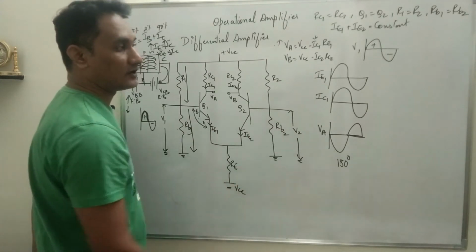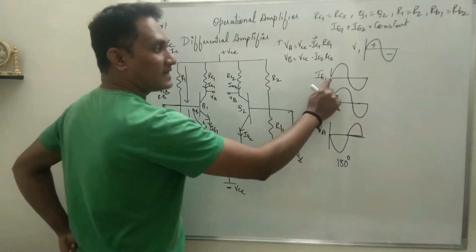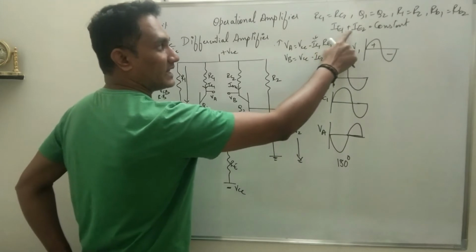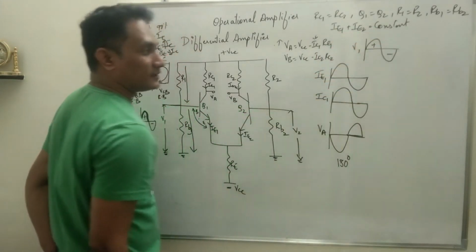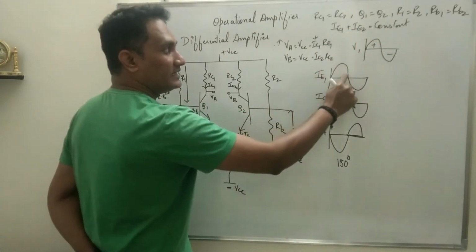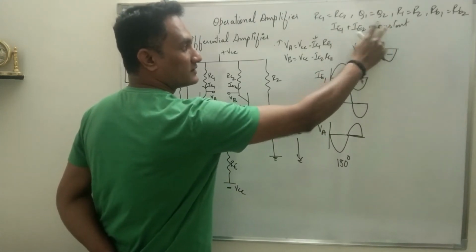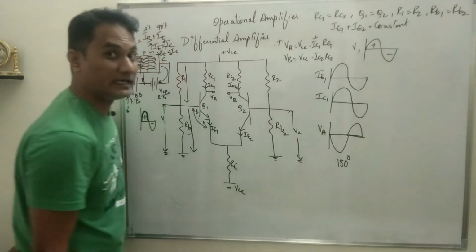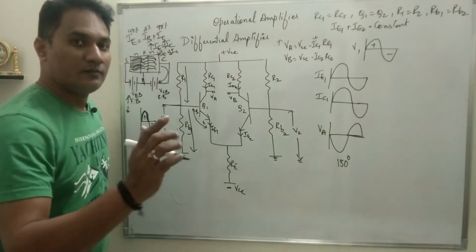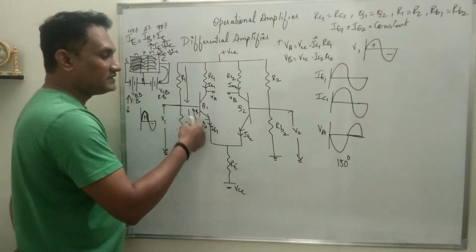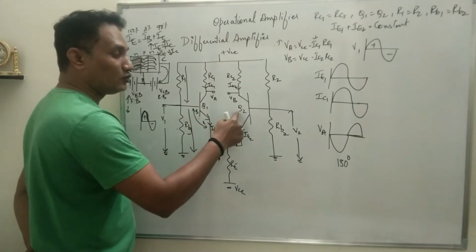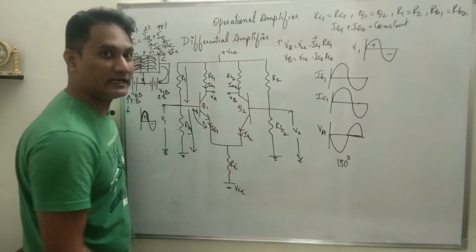Now the working is not done. As IE1 increases, we have mentioned that IE1 plus IE2 should remain constant. So if IE1 increases, to keep this value constant, IE2 will decrease, because I have told you earlier, any change in Q1 will produce a change in Q2, because Q1 and Q2 are directly connected.